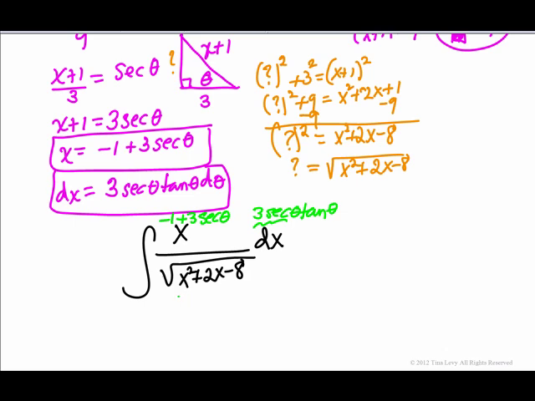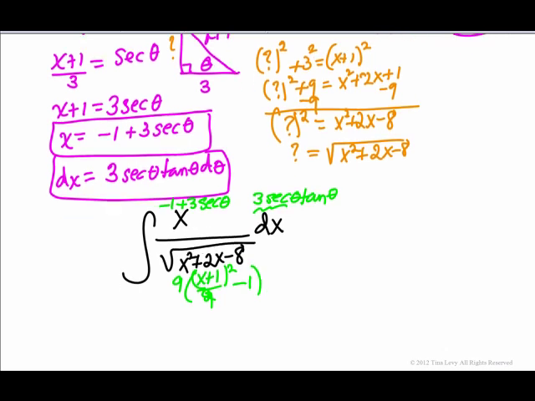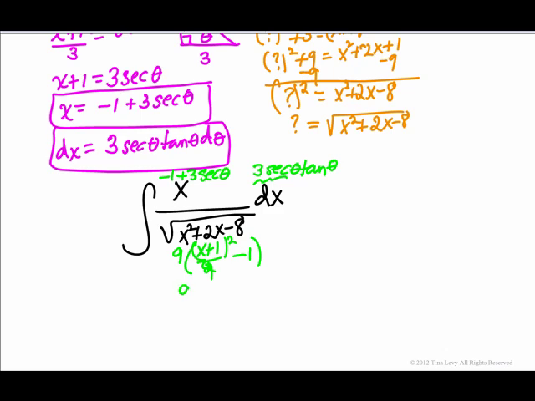This here was 9 times (x plus 1) squared over 9 minus 1, which now when we replace it is 9 secant squared theta minus 1. So I'm now ready to put the equivalent integral.